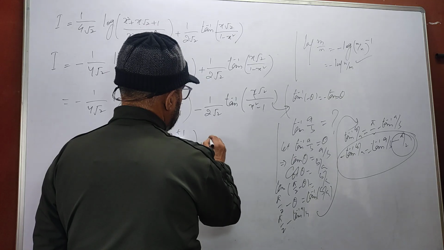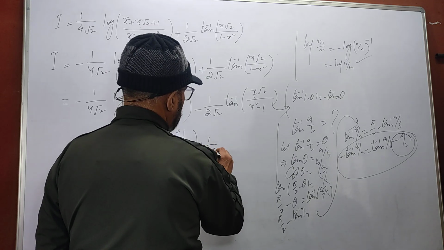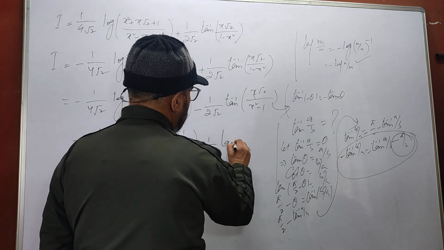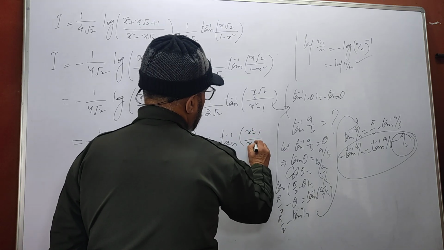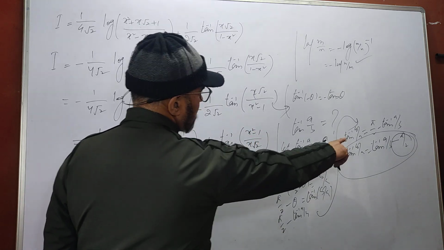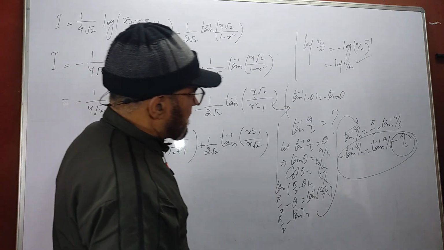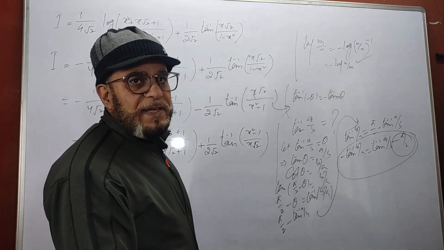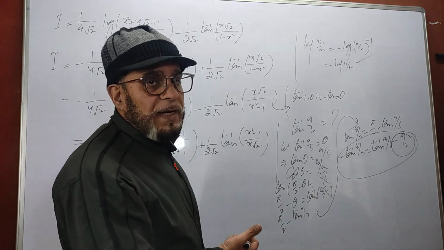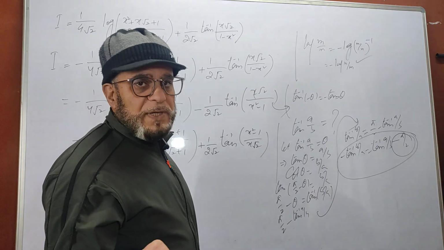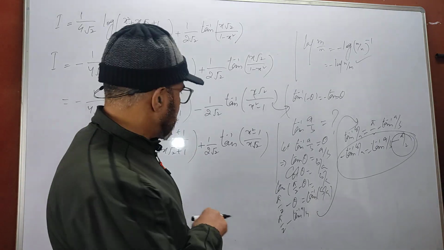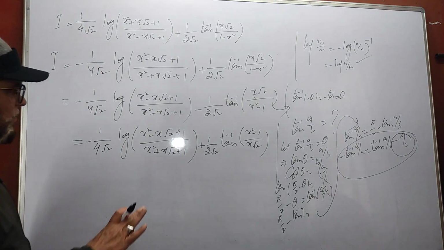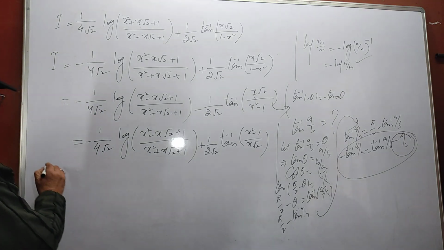This is now plus 1 by 2 root 2 tan inverse x square minus 1 by x root 2. According to this, tan inverse B by A is tan inverse A by B, but plus or minus pi by 2. Pi by 2 I don't mention here, because this is an indefinite integral. Pi by 2 gets merged with the constant of integration. This is now your complete answer. Thus you have proved.